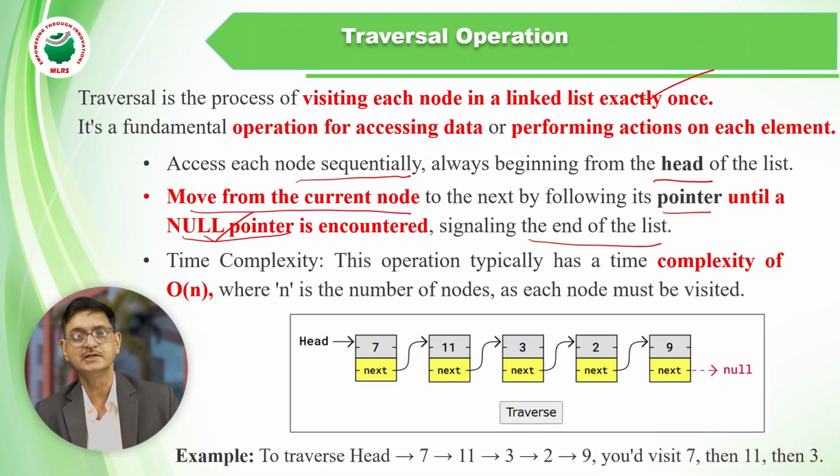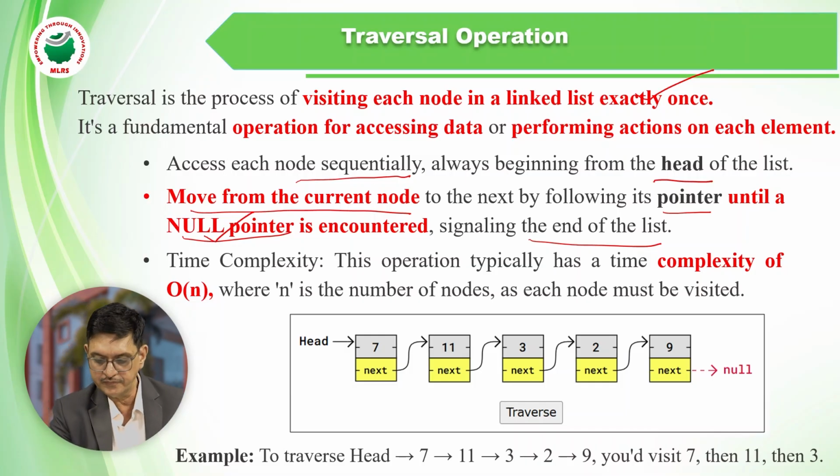So what is the time complexity? How much time do we take in traversing the number of elements in the linked list, to cover all elements exactly once from the first element to the last? Unlike in an array, where we can reach any element, whether first, middle or last, directly by calculating from the index, here we need to move sequentially from the first element to the second, second to third, and so on to the last element.